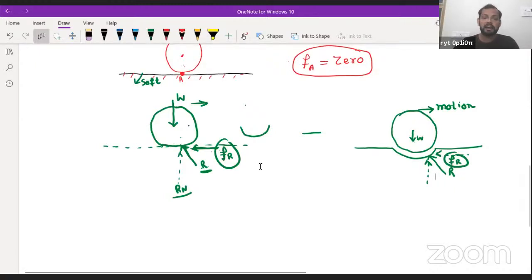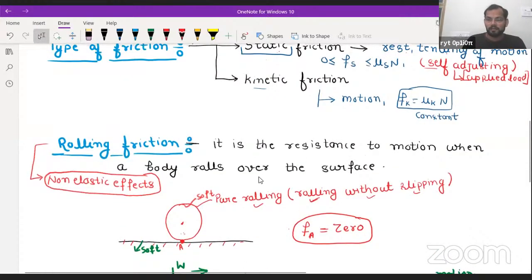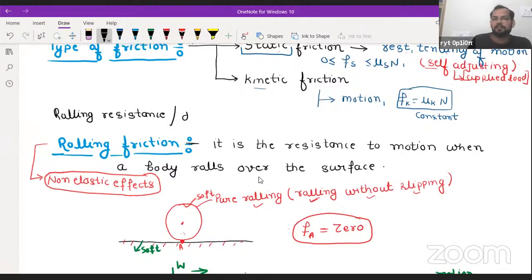Right now I am writing all the names here. It is also known as rolling friction, also known as rolling resistance, and also known as rolling drag.